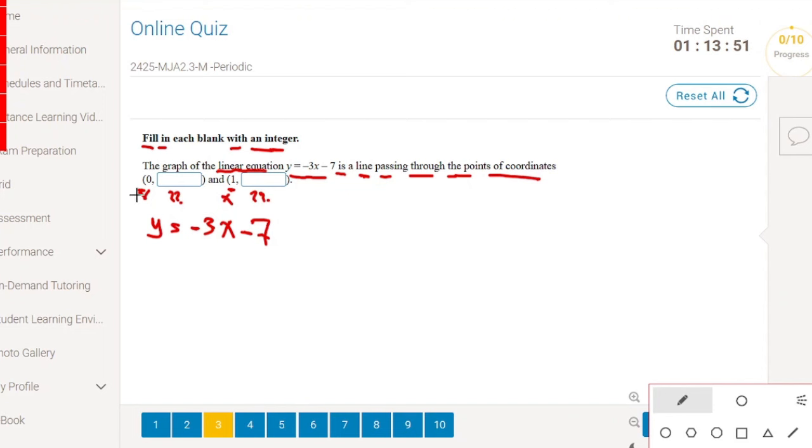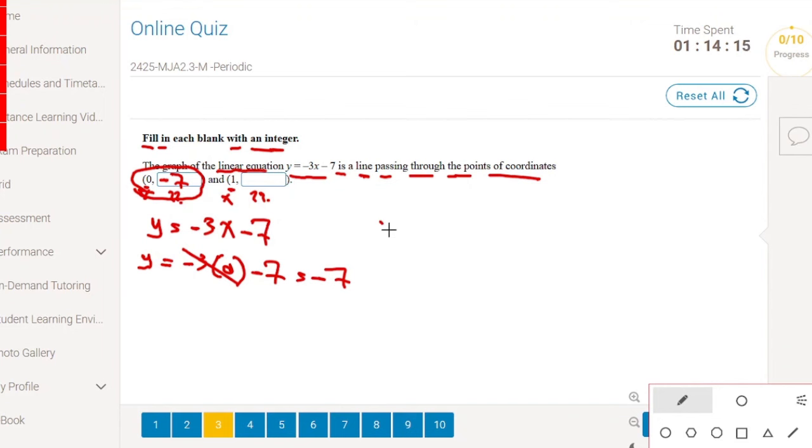So we will substitute the first point, x equal to 0, in this equation. So y would be equal to minus 3 multiply 0 minus 7. So this will be 0, so the answer will be minus 7. So the first point is (0, minus 7).